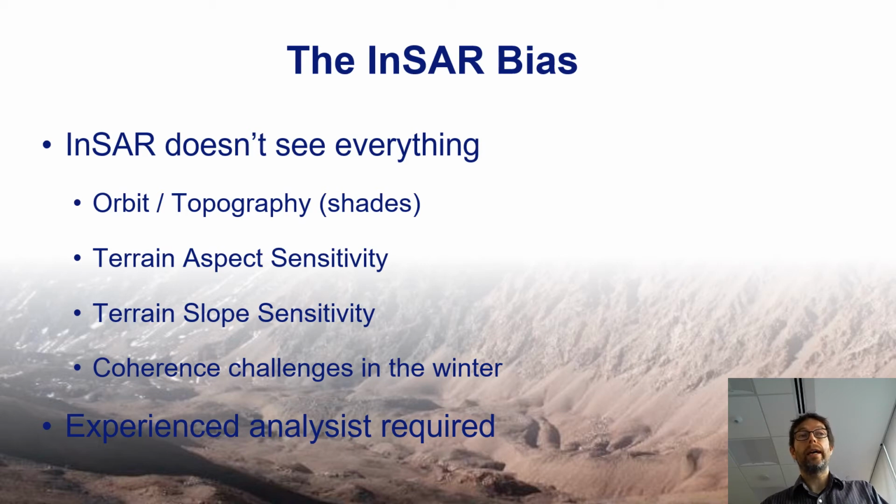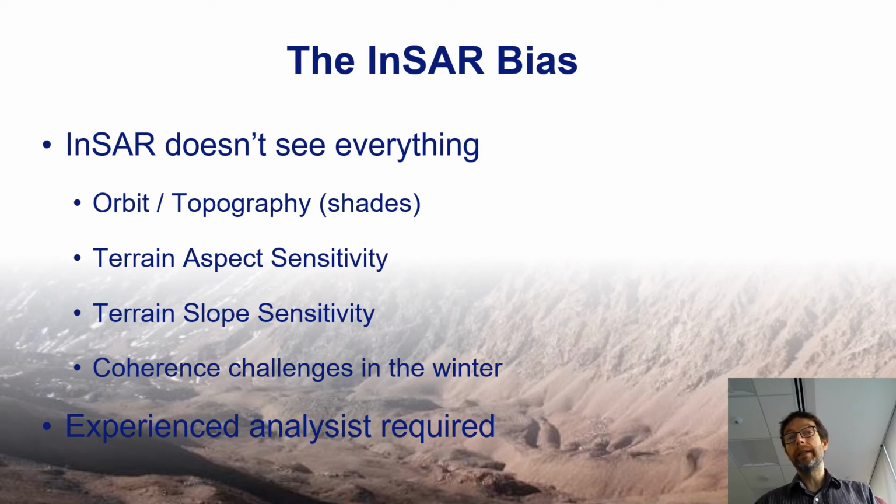And then we also have the challenges with coherence when it comes to winter and snow cover. So some rock glaciers actually show acceleration during the winter, because that's when the summer heat penetrates, or when some of the infiltration may happen, so you have an increase in unfrozen water content towards the winter, we actually may miss this seasonal acceleration at depth because of coherence issues with the InSAR.